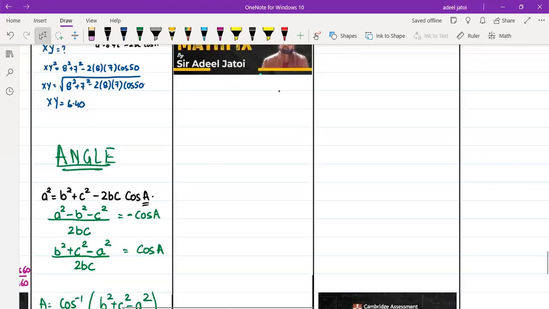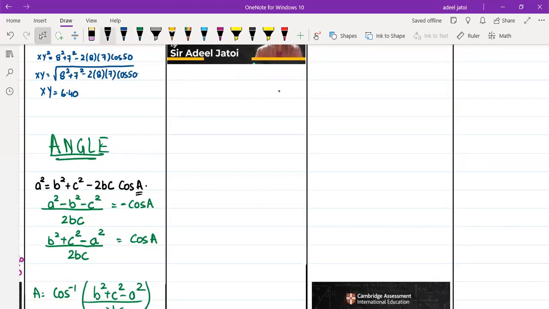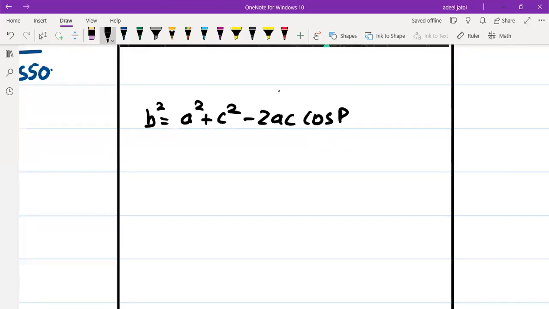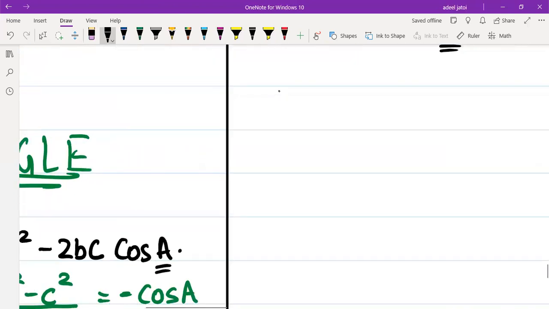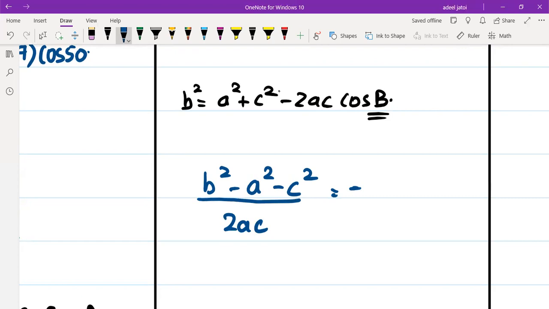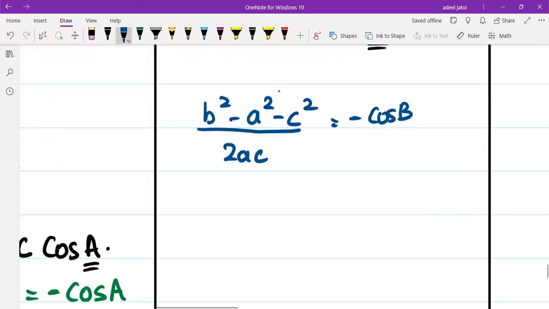Similarly, there is another formula for B, because the generalized formula for side B is B square is equal to A square plus C square minus 2AC cos B. So to find the angle B, we do B square minus A square minus C square, because A square and C square move to that side. 2AC is divided, you're left with minus cos B. Your negative sign will be used to change the values in the numerator.